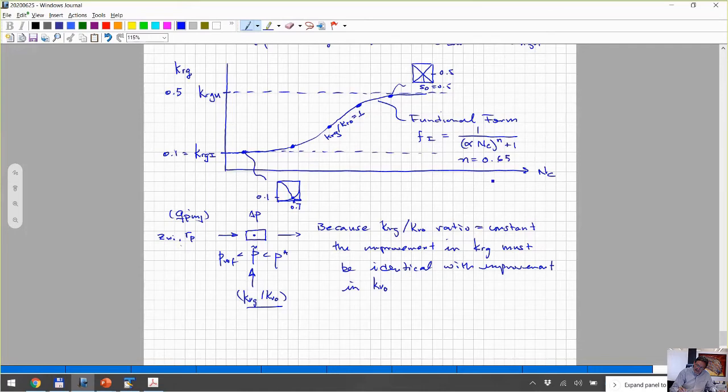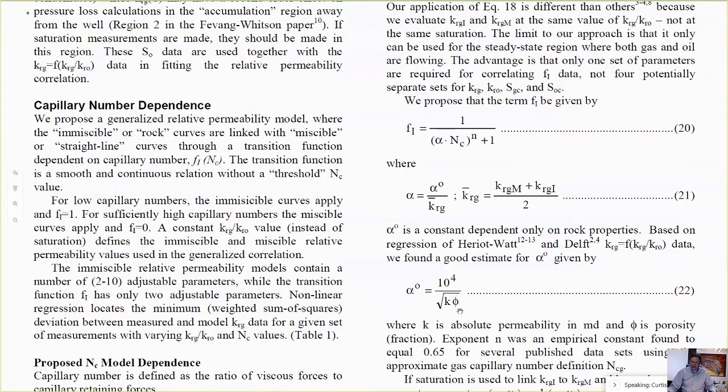And then alpha was found to be a function of permeability and porosity, and this average permeability between the immiscible and miscible. So this is the correlation.